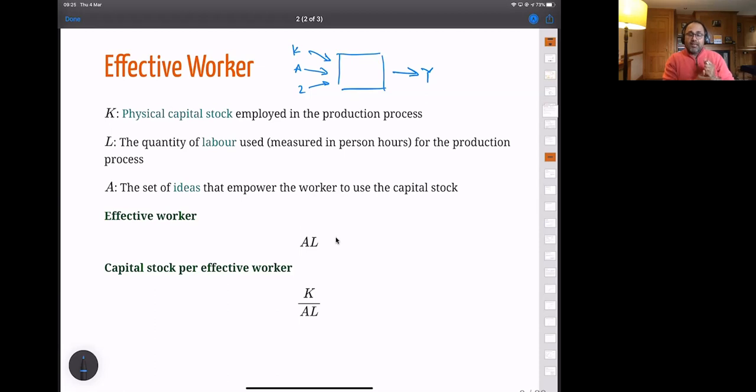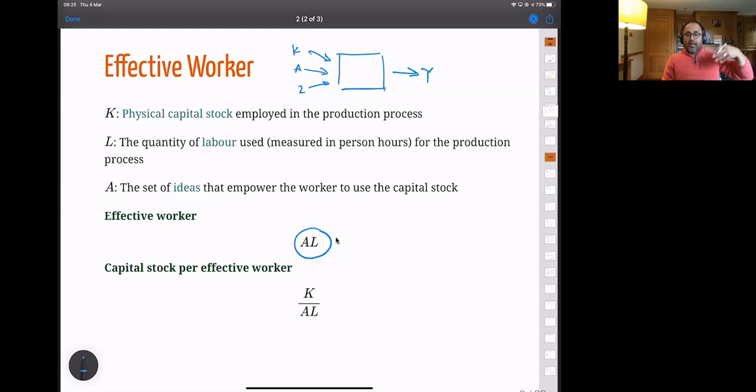So if A is a set of ideas and L is a physical quantity of labor being used, and K is a physical stock, then the notion of an effective worker is A multiplied by L. And the idea of an effective worker is how effective the worker is.